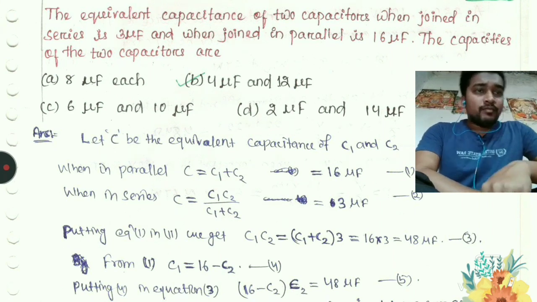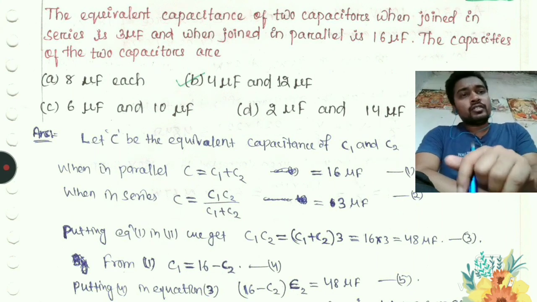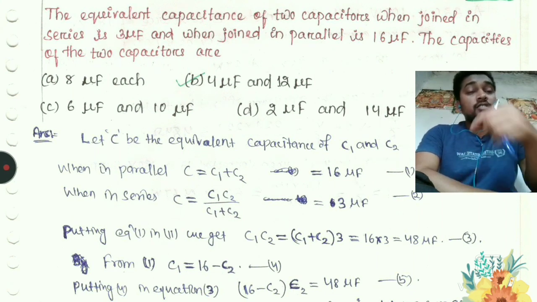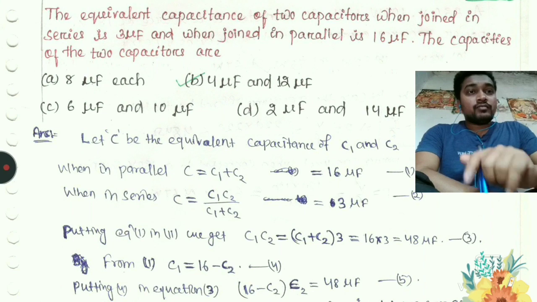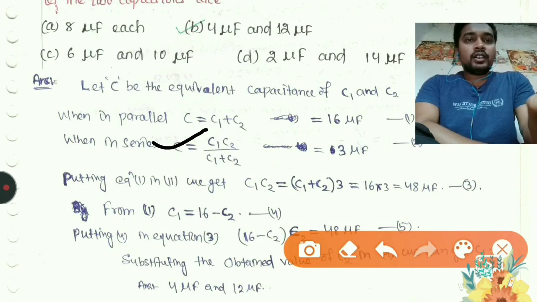We can proceed to the result in two ways. I have given the first way, and you can calculate by another method using the quadratic equation form. Okay. So from this equation we can calculate the value of C1 into C2, which becomes multiplication of C whole into C1 plus C2.